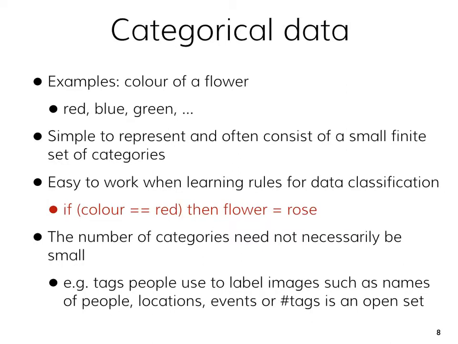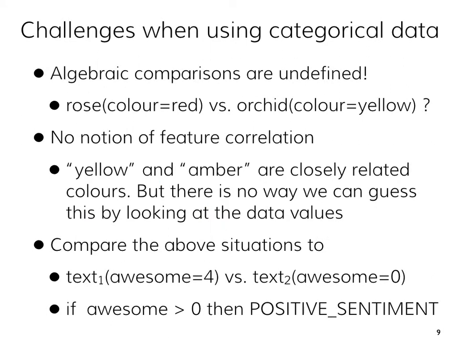So if you have categorical features, then you can learn things like rules. We'll see a lot of this type of rules when we discuss decision trees. The main challenge when you're using categorical features is that you can't add these categorical values. You can't add red and yellow. There's no way of distinguishing different values of a particular category.